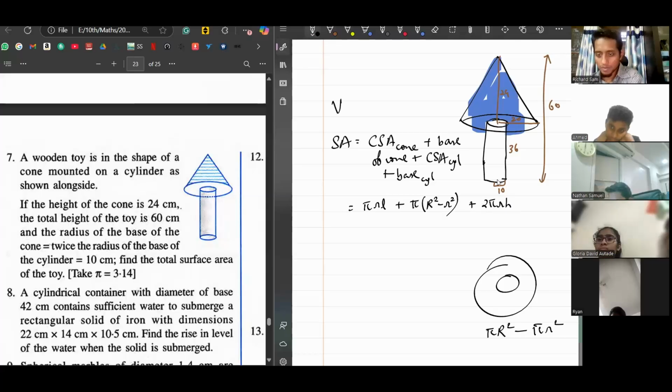We'll use capital R for the cone and small r for the cylinder, so we don't get confused. So the cylinder's curved surface area is 2 pi r h, plus the base of the cylinder. What shape is the base of the cylinder? Circle. So pi r square. Did you all understand how we derive the formula? Any doubt, anyone?